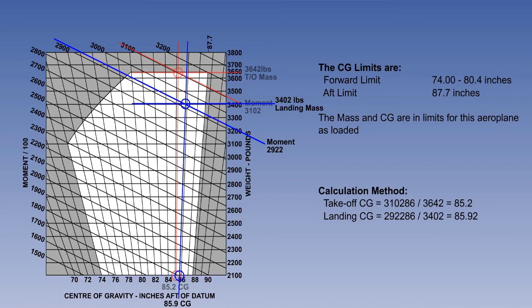However, the calculated mass and centre of gravity still have to be checked against limits. In comparison, you can appreciate that by using the graphical method to plot calculated values, there is an immediate check of being within limits.